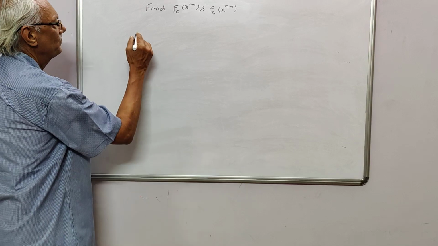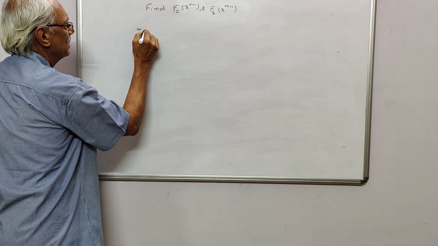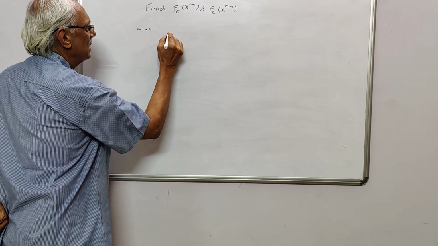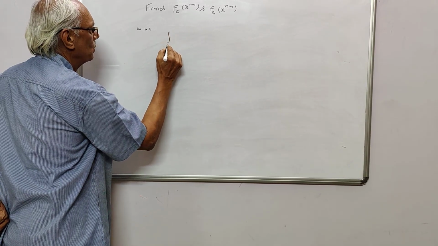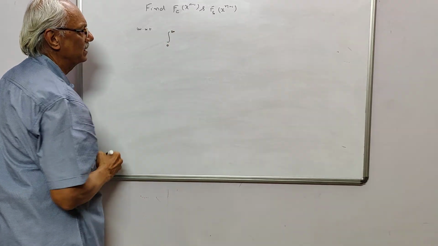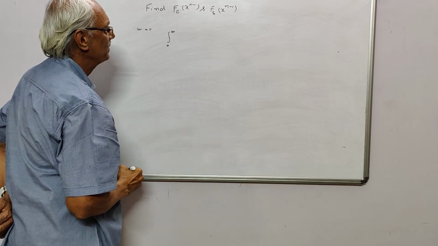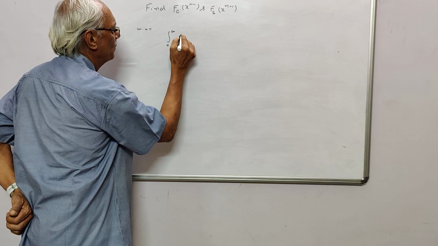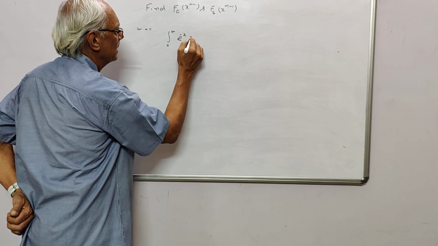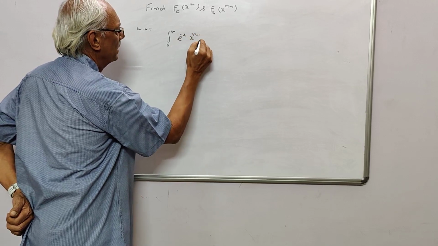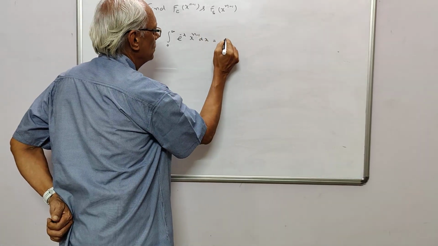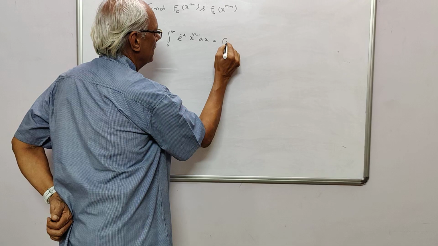We know that the integral from 0 to infinity of e to the power of minus x, x to the power of n minus 1 dx is equal to gamma of n.